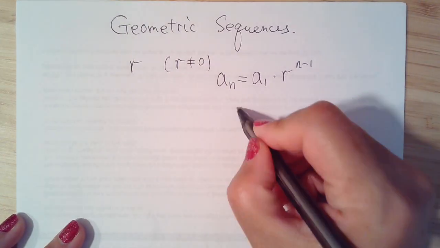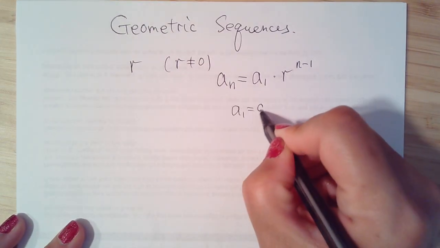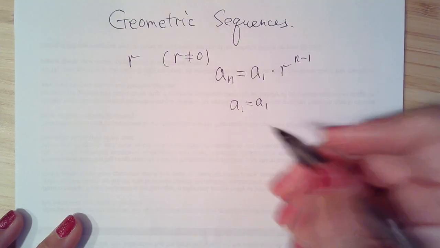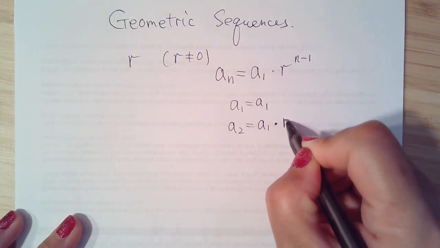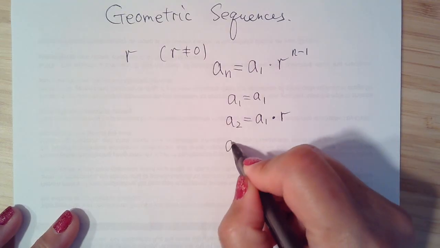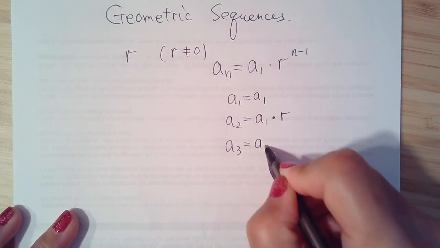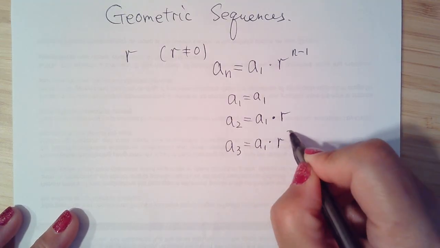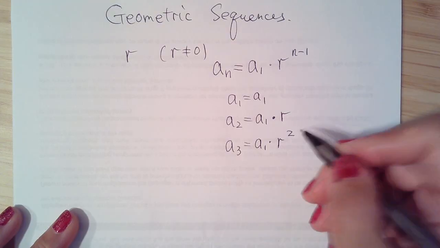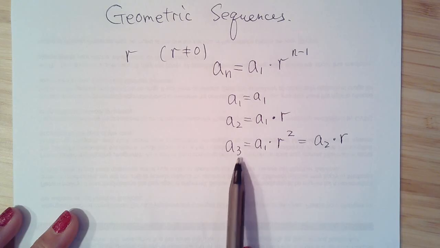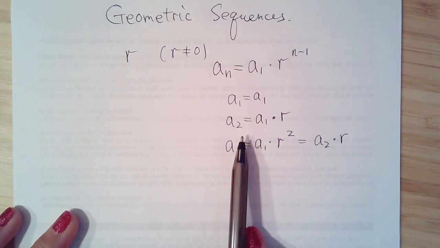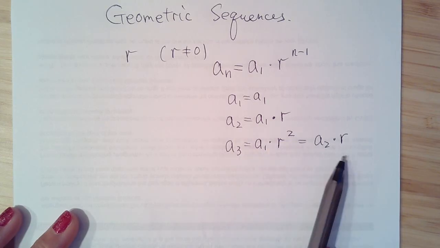So a_1 is just a_1 by itself, and a_2 will be a_1 times r, and a_3 will be a_1 times r squared. See that? Or you can say that will be just a_2 times r. So the third term will be the second term multiplied by r.